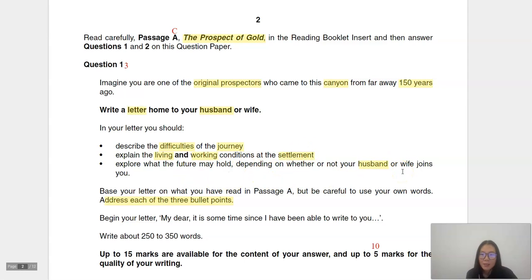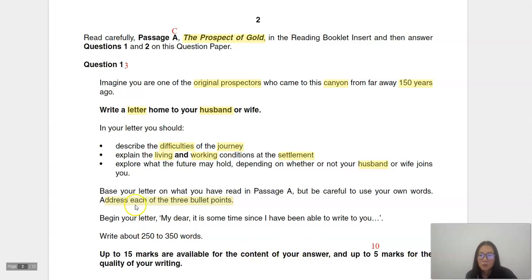But you need to make sure that you include some information, I would say smart guesses about what potentially would happen, and include that in your letter as well, so that you are able to address A1, A2, and A3 equally. All right. This will enable you to qualify yourself for the maximum mark possible for content, which is 15 marks.